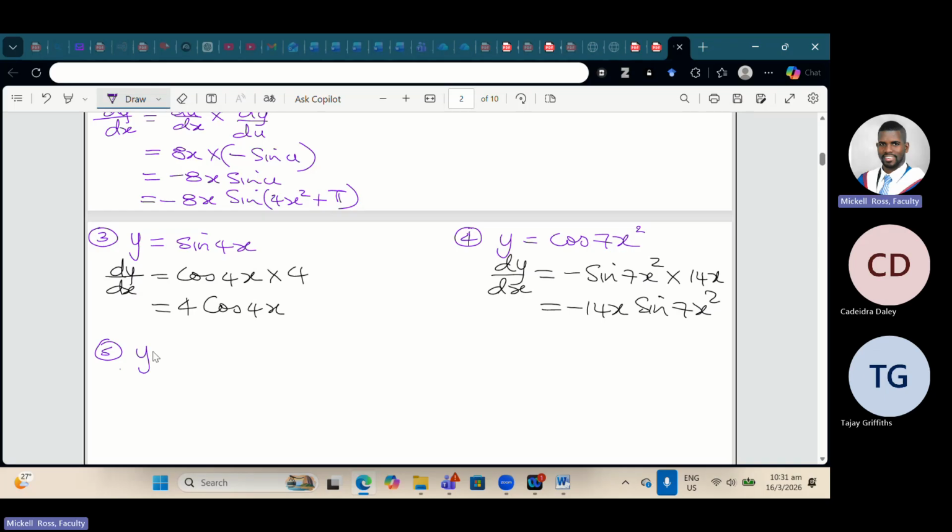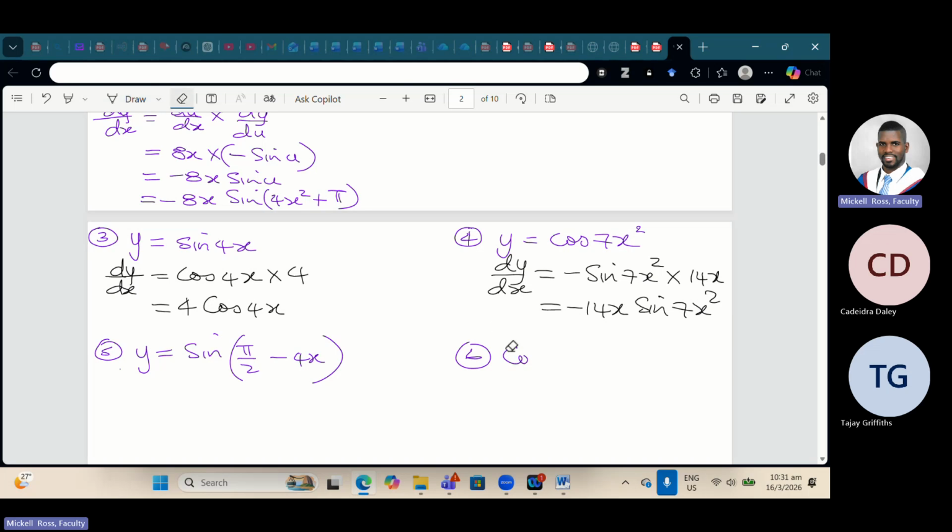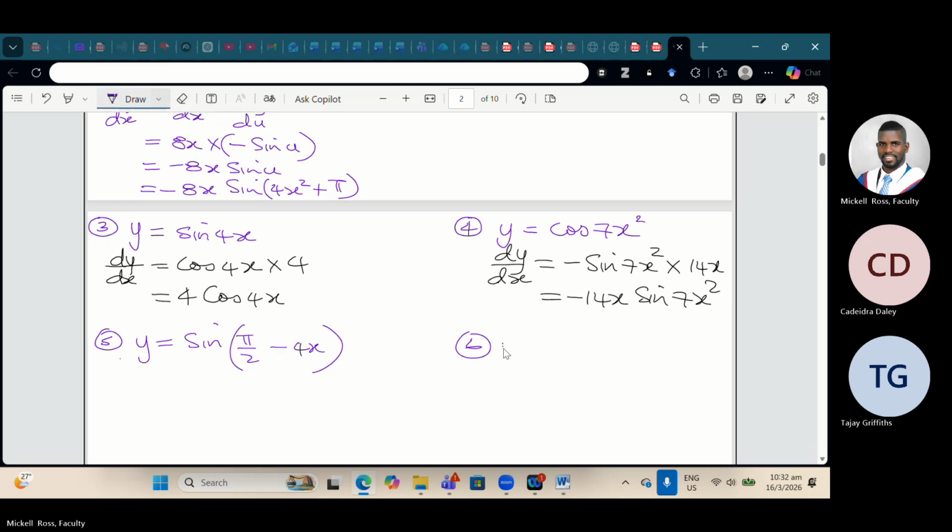Say for instance, you have number 5, y is equal to sine of pi over 2 minus 4x, and number 6, y is equal to cos of 2 pi minus 9x cubed.